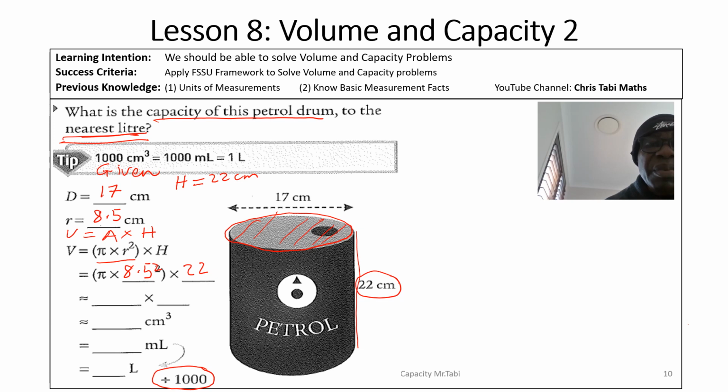so I'll skip this part here, and I'll just put in what I have on the calculator, because I do it in one step, and that gives me 4,993 point other things. But because this is in cubic centimeters and we're going to divide by 1,000, all those decimal points are irrelevant.